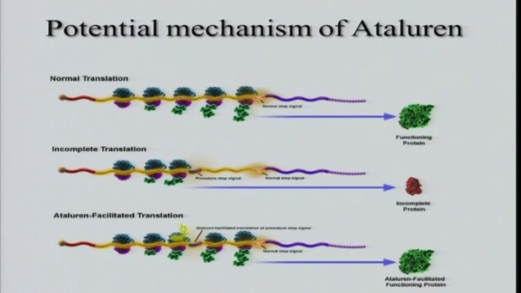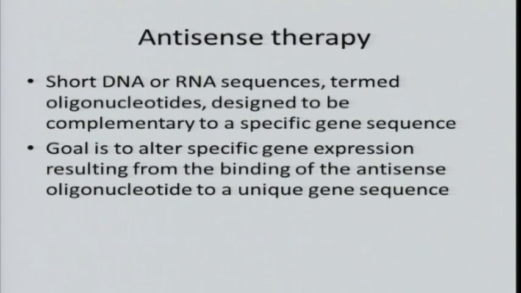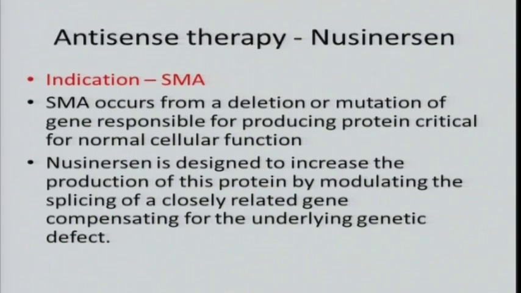So this ataluren actually does have some kind of approval in the European Union right now for Duchenne muscular dystrophy. And then we have other concepts, antisense therapy, where you have a small sequence of DNA or RNA, which is termed an oligo, and the goal is to alter the specific gene expression.